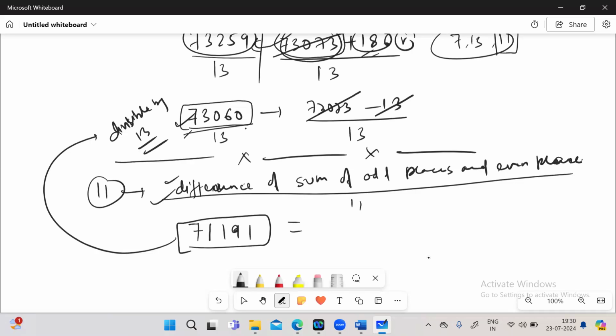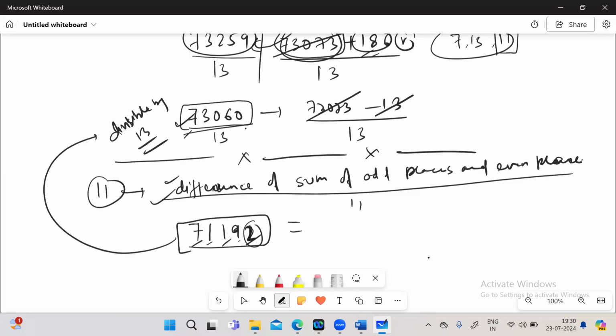So I'll find all the odd places. These are the odd places. एक second, make it 2. Okay. So these are the odd places and these are the even places. So what do we see?